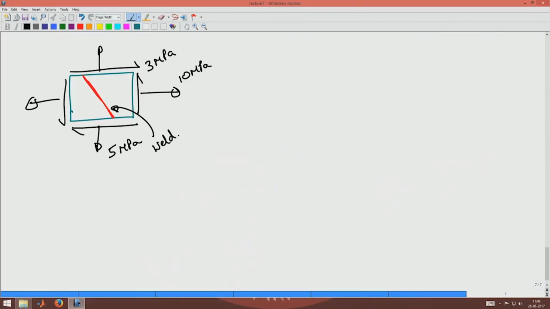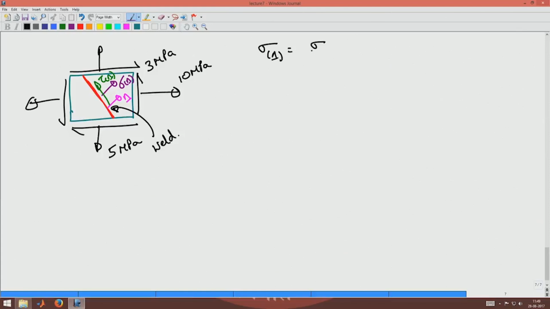So, I am interested in finding the component of stress sigma normal to the weld surface, and the shear stress tau of n, where n is the normal to the weld surface. So, how do I find sigma of n?